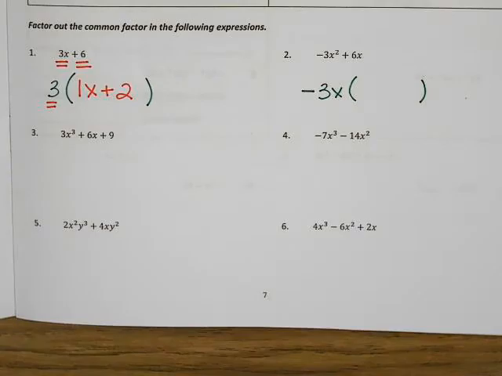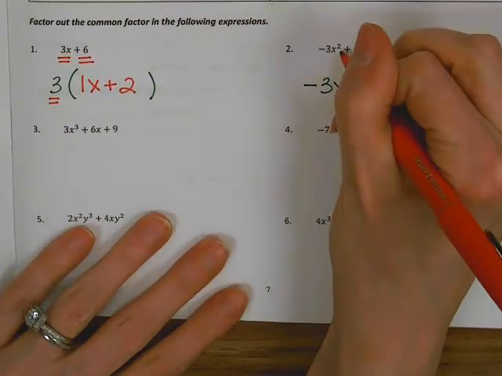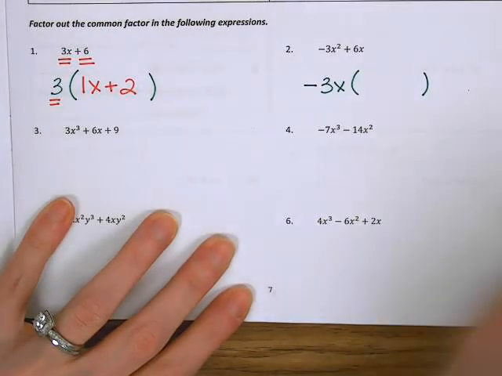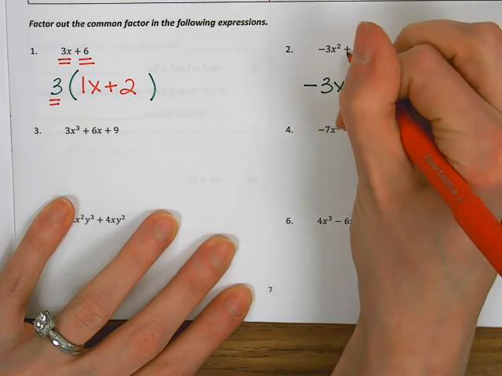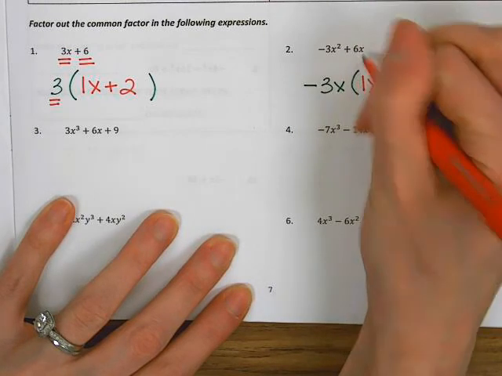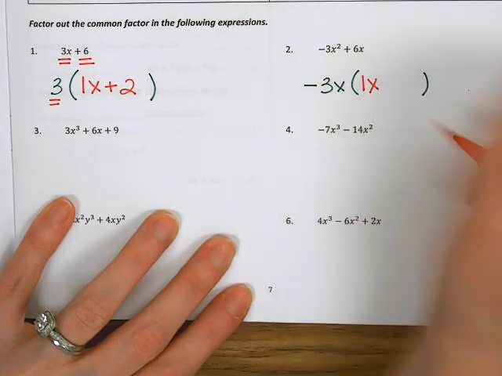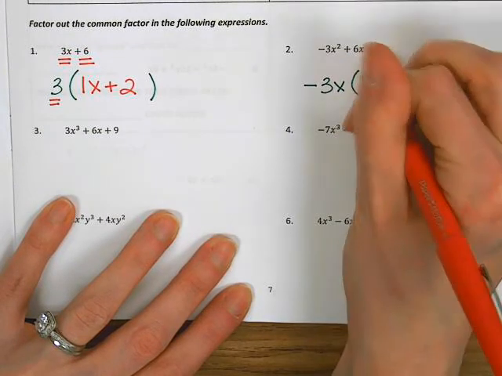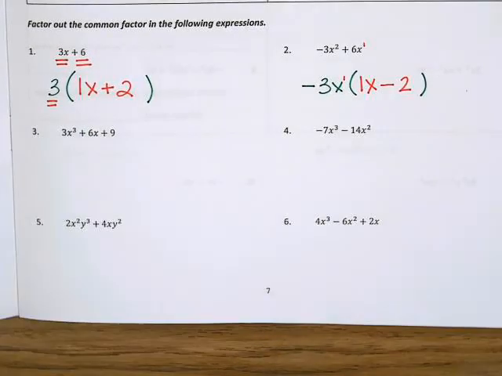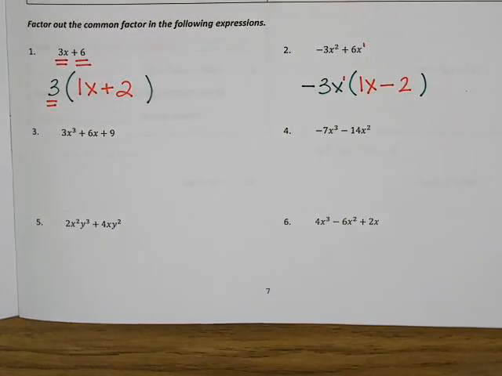All right, now let's divide it out. Negative 3x squared divided by negative 3x is 1x. And then positive 6x divided by negative 3 is negative 2, and there is no x because 1 minus 1 is 0. So that's the answer.